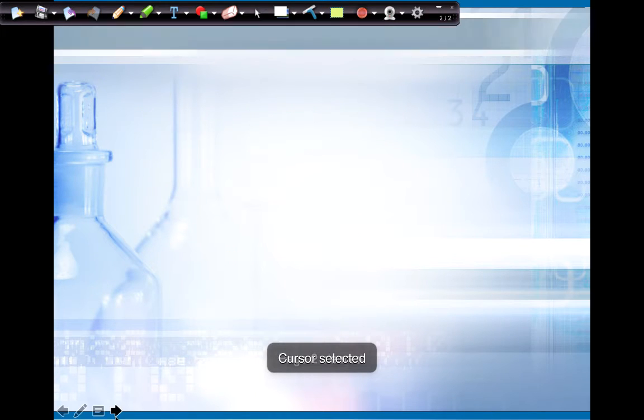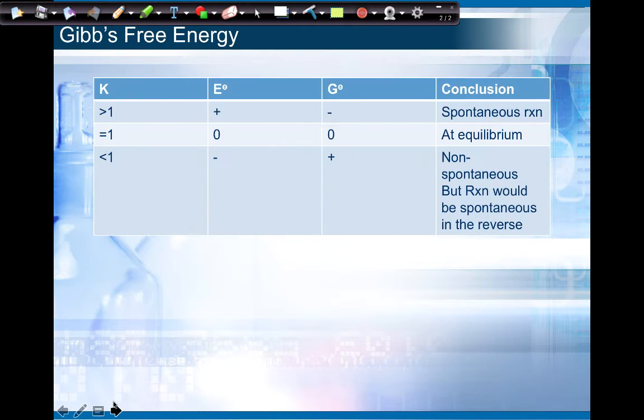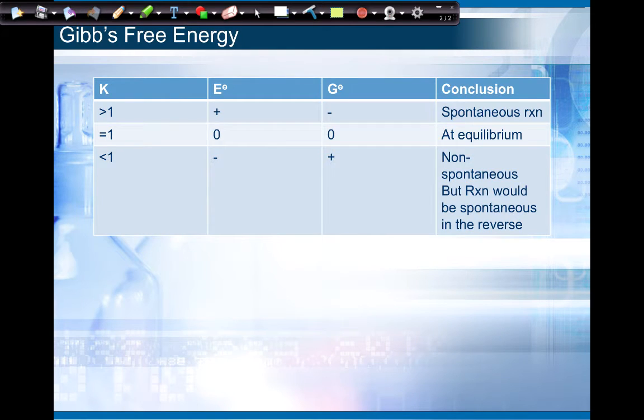So if we are looking to see if a reaction is spontaneous or not, we don't actually have to do a calculation. Sometimes we can just simply look at what we're given to determine that. So right here, well, I know that if E cell is positive, then delta G should be negative.